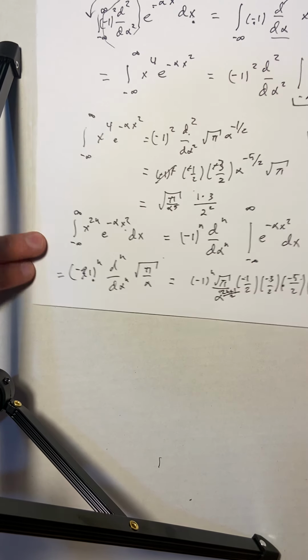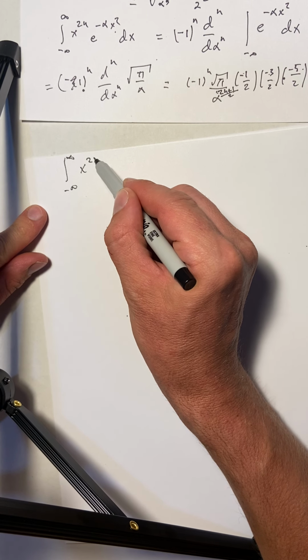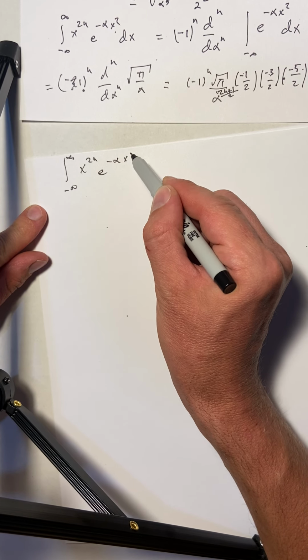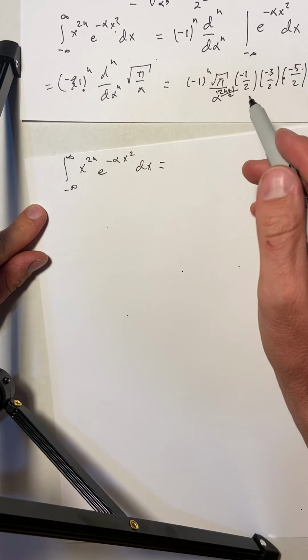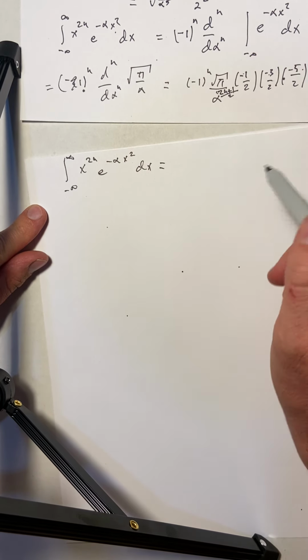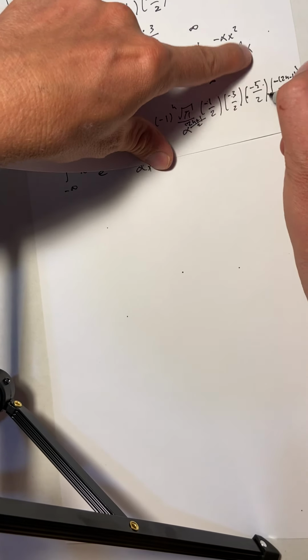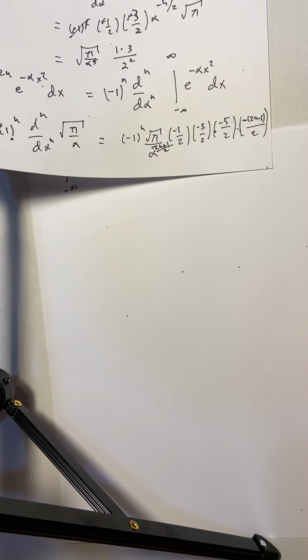All right, let's clean that up a little bit. So we will end up with the integral from minus infinity to infinity of x to the 2n e to the minus alpha x squared dx being equal to, notice here, there are going to be n minus signs from bringing it down, and those will all cancel with these n minus signs.